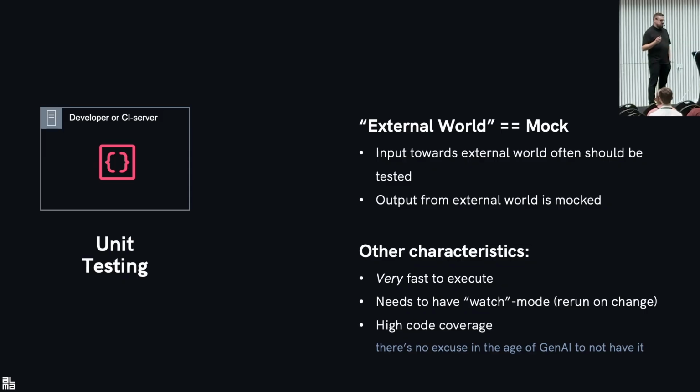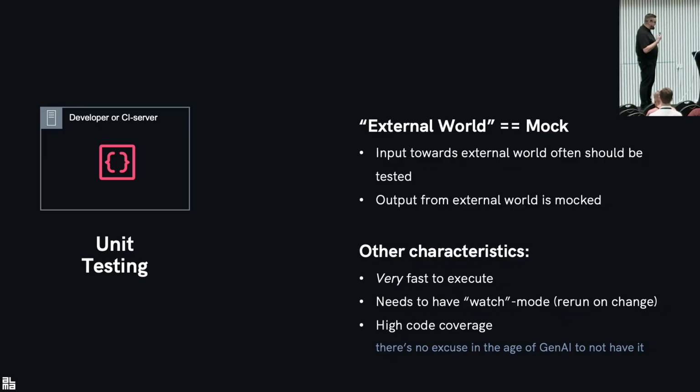And in these situations, I consider the external world, basically everything outside the Lambda function, as a mock. And quite often, the inputs that go towards the external world, it could be like an AWS SDK call to, I don't know, let's say DynamoDB, I often test those inputs and I verify that the request that is going out of the Lambda works as expected.